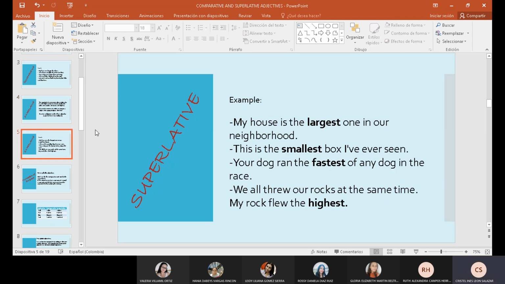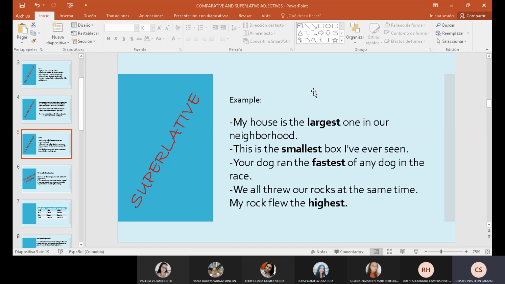For example, the superlative: my house is the largest one in our neighborhood. Mi casa es la más grande en nuestro vecindario. This is the smallest box I've ever seen.